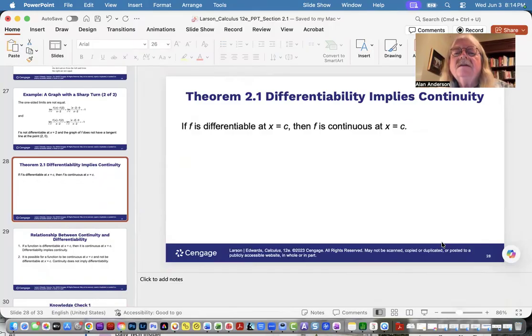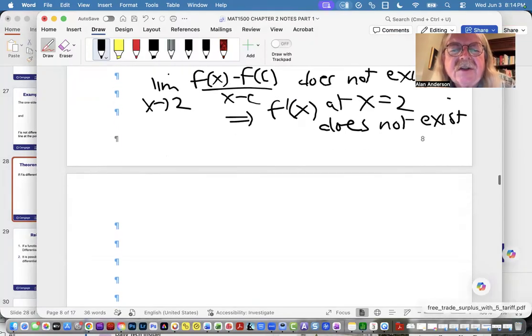Now, what is differentiability? The ability to take the derivative of a function is called differentiability. The fact that a function is continuous is simply called continuity. Those are adjectives. So being differentiable implies continuity. I think we started to use this notation the other day.